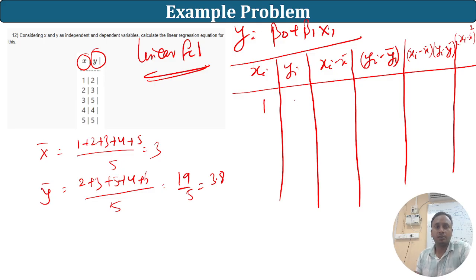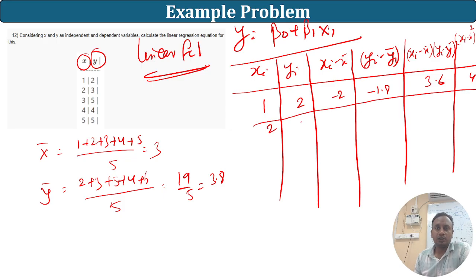For xi equal to 1, yi is 2. Xi minus x bar becomes minus 2, and yi minus y bar is 2 minus 3.8, which is minus 1.8. The multiplication becomes 3.6.